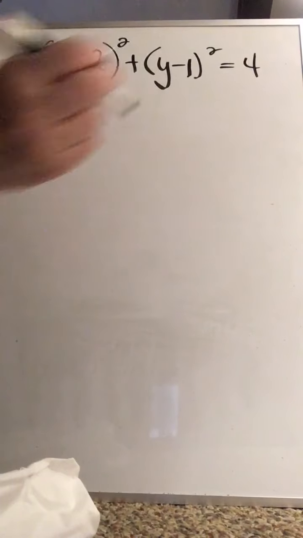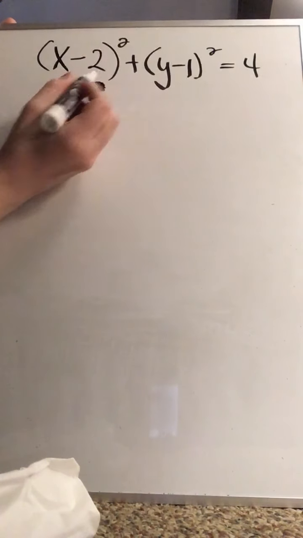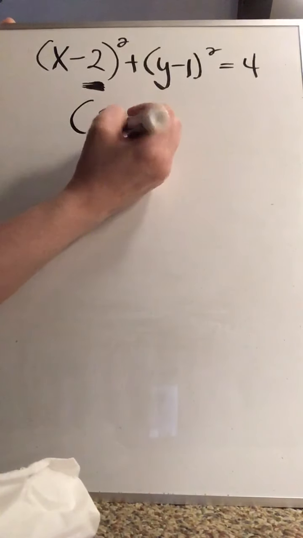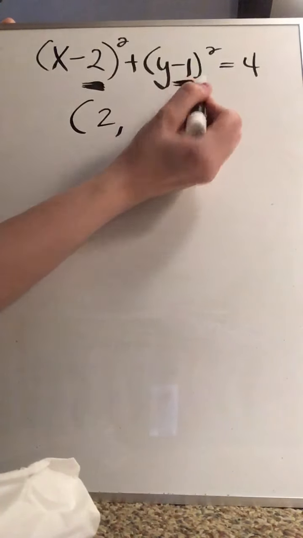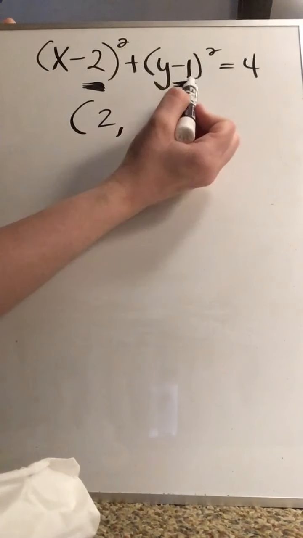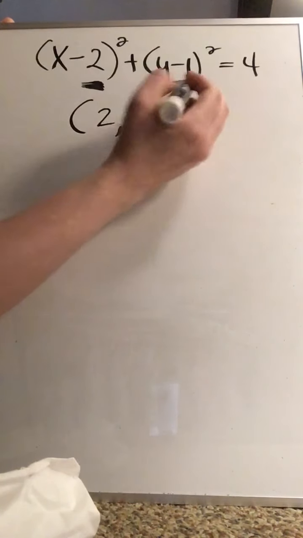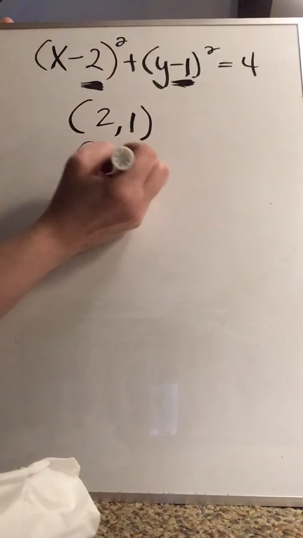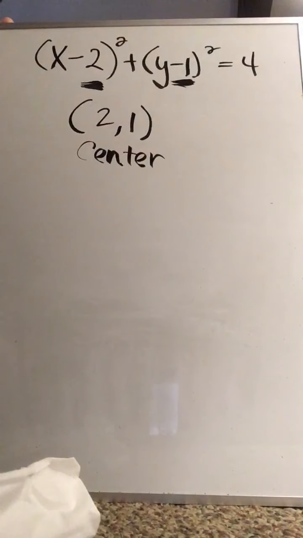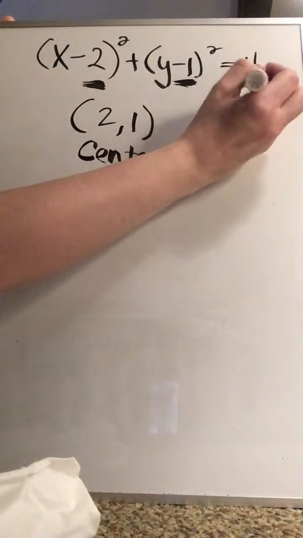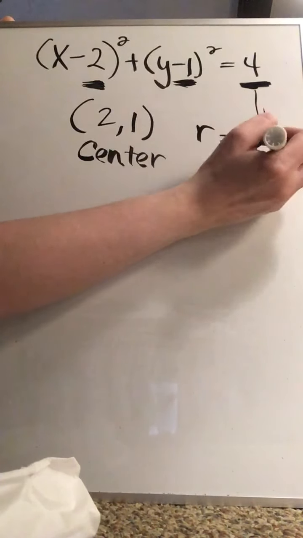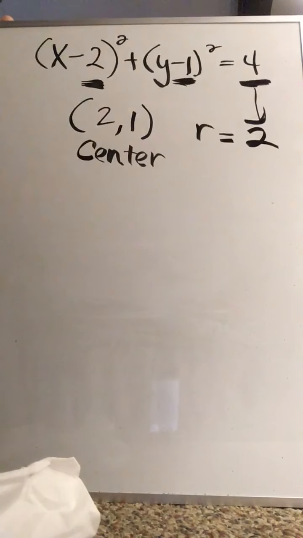The center of this circle, you're going to look right here. Since this says minus 2, the x value is 2. And this says y minus 1 squared, so the y value here is 1. So your center is (2, 1). Now, over here, for your radius, you need the square root of this number. So your radius is 2, because that's the square root of 4.